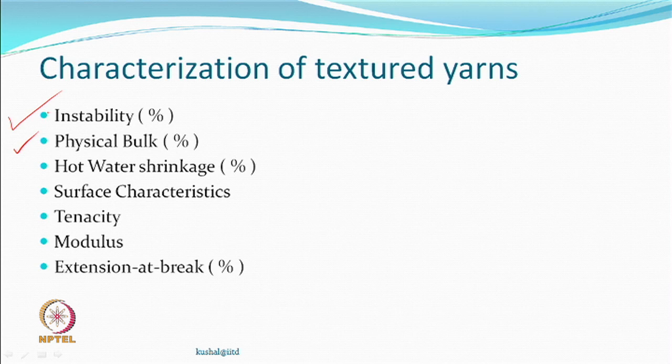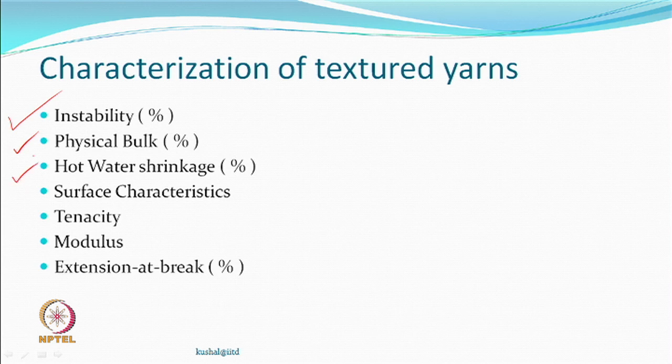You started from whatever bulk, the specific volume, and at the end of the complete texturizing process, which may have gone through air jet texturing, mechanical stabilization, and thermal stabilization, at the end of the day, what is the final increase in the bulk that you will be interested in.